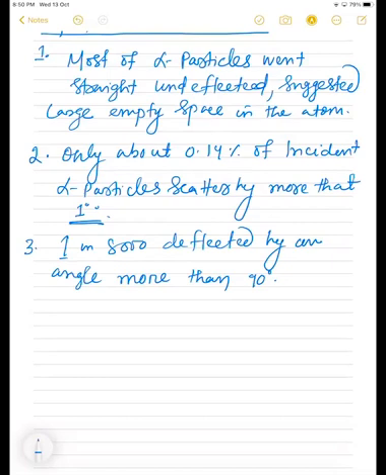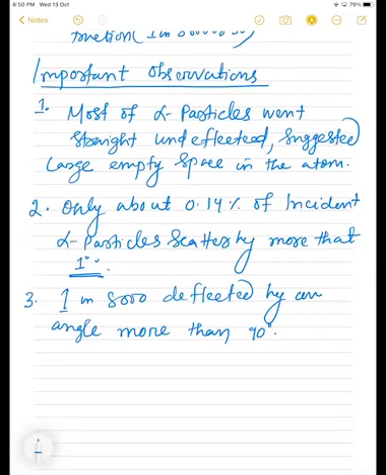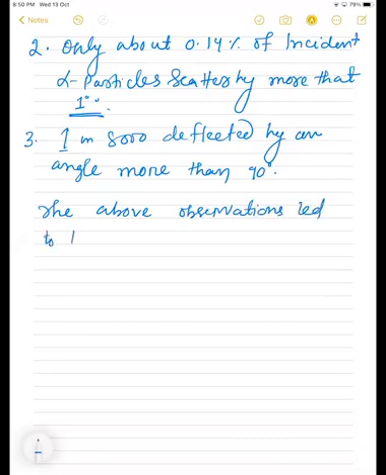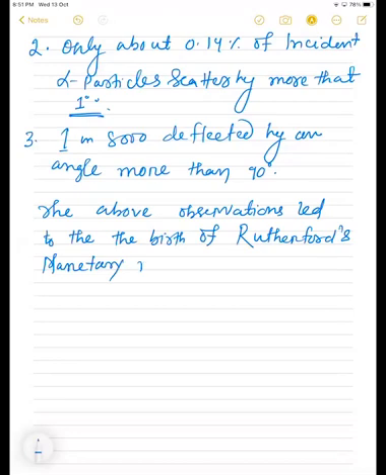Okay, these observations led to Rutherford's atomic model, right? So, the above observations led to the birth of Rutherford's planetary model of atom, also called as nuclear model.